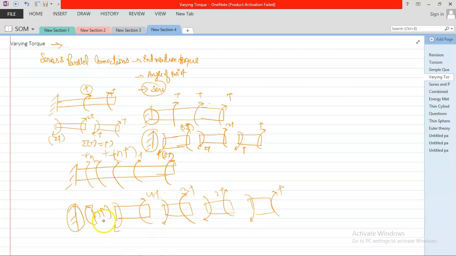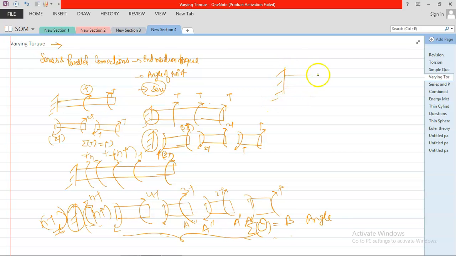Okay, this is your torque. How to solve? For the indivisible body, apply the theta equation. So you can form the cumulative theta, that is sigma theta. Now what I am going to discuss is, suppose you have a torque that is acting on the whole body like this.